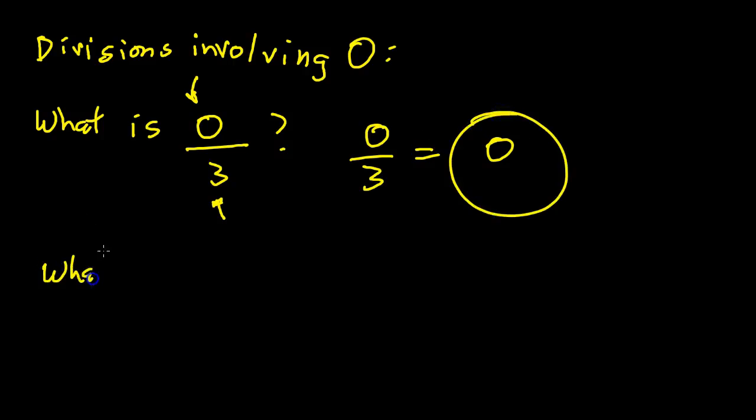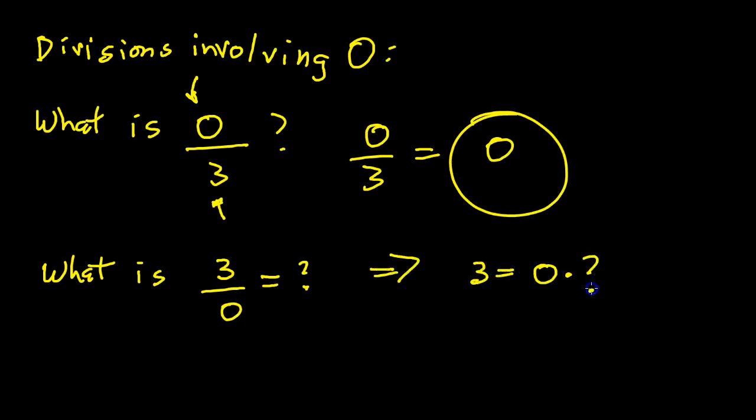Now perhaps a little more mysterious is division by 0. What is 3 over 0? Well, if 3 over 0 equals, let's say, question mark, that implies, if I multiply both sides by 0, that 3 equals 0 times question mark.